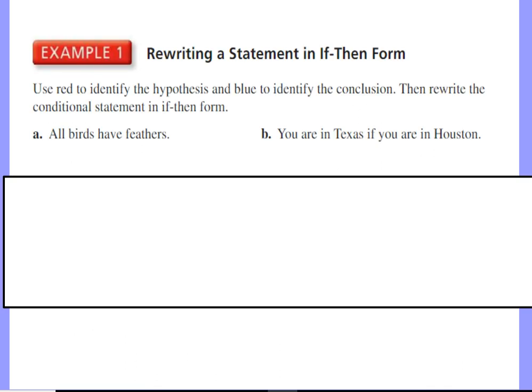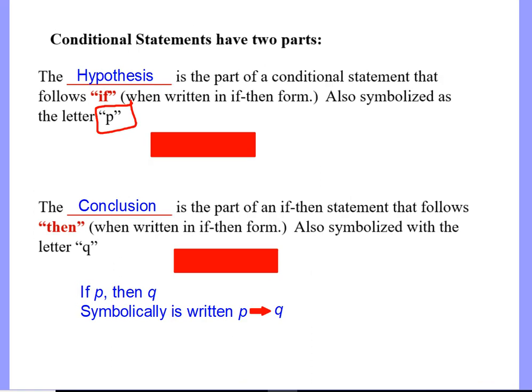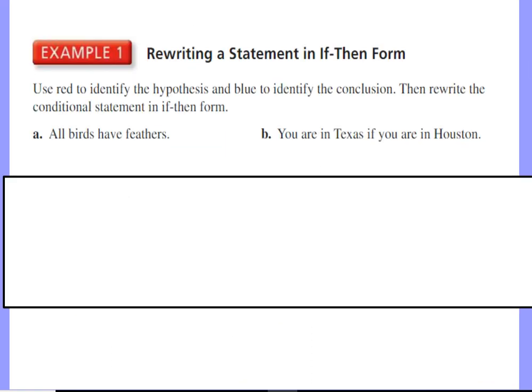So let's take a look at a couple examples. We want to go ahead and identify the hypothesis in red and the conclusion in blue, and then rewrite it as a conditional statement. So first and foremost, what happens here is that there is a bird.